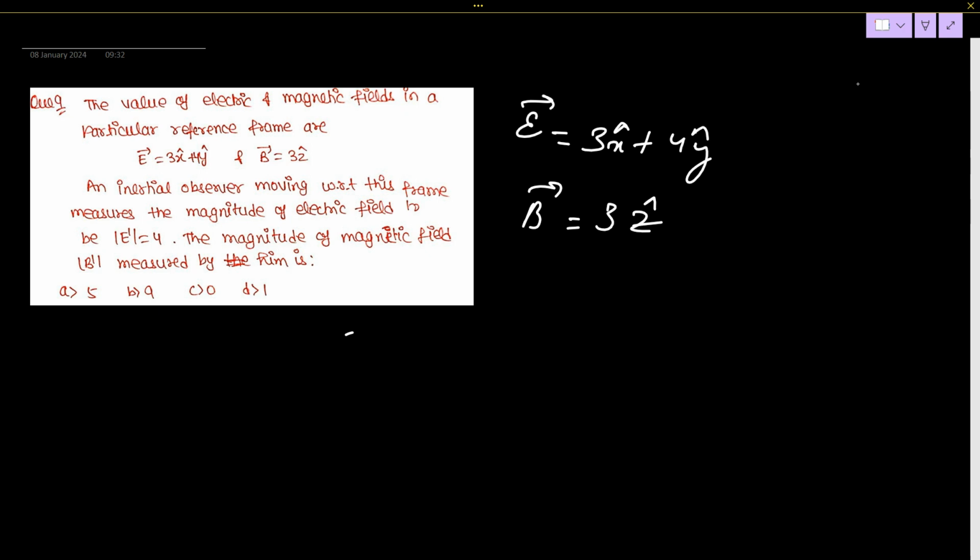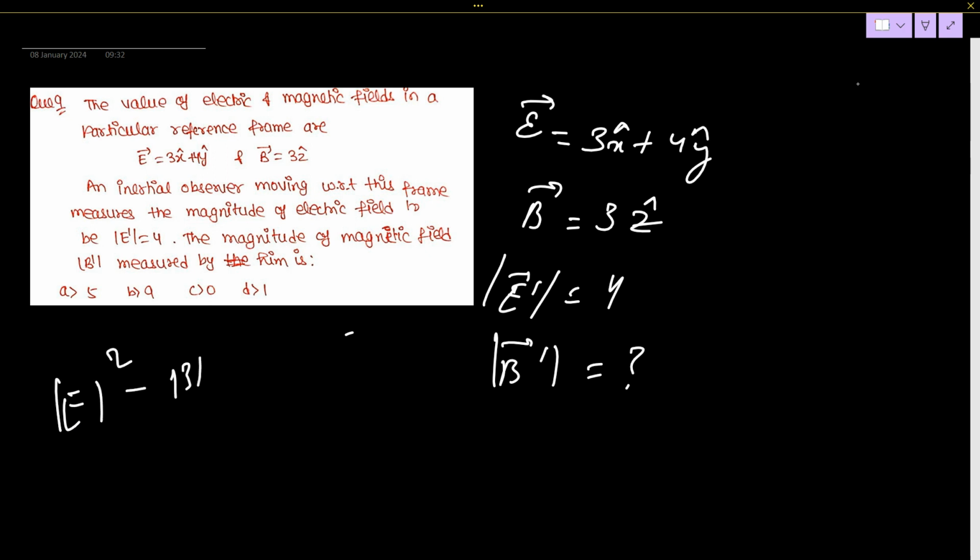An inertial observer moving with respect to this frame measures the magnitude of electric field to be E dash. The magnitude of magnetic field B dash will be how much? Okay. So you have to remember one thing. E square minus B square is Lorentz invariant.